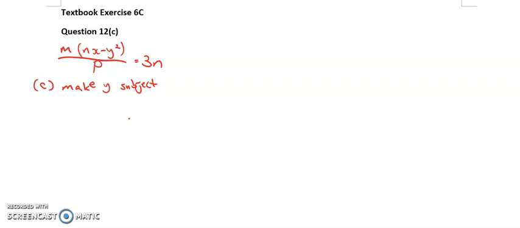Alright, so what we can do here, we can try to take out the term y squared. So for this equation, we multiply by p on both sides of the equation. We'll get 3np. Okay, and then we divide by m on both sides of the equation.